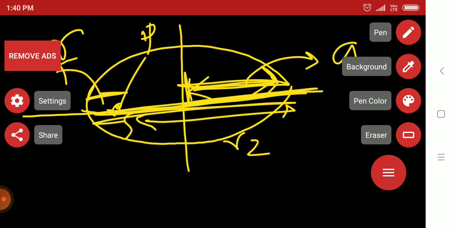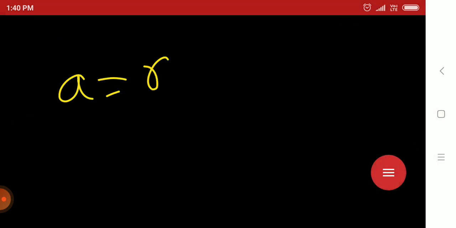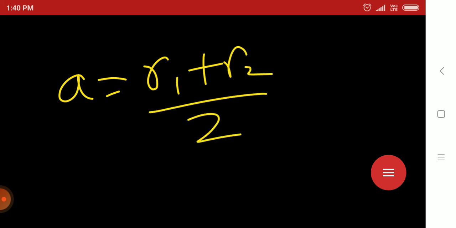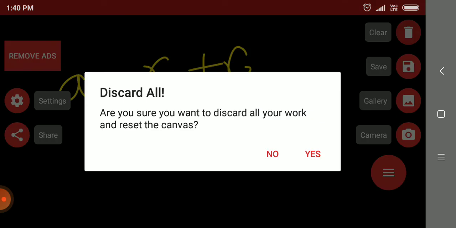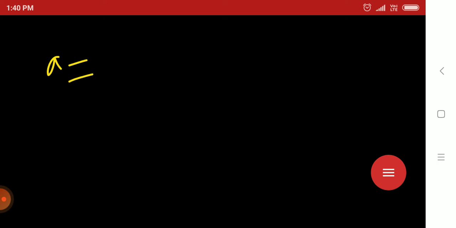So we can easily write that a equals (r1 plus r2) by 2. Now r1 is r minimum, therefore theta minus theta prime equals 0, giving l by 1 plus e. And r2 is r maximum, where theta minus theta prime equals pi, so cos pi is minus 1, giving l by 1 minus e.